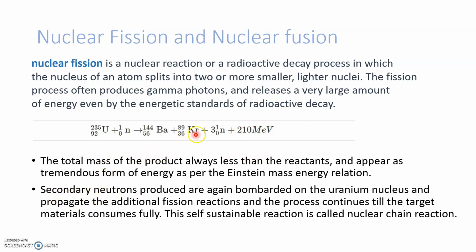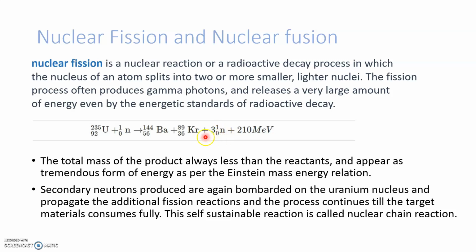And if we look at this reaction, this process is accompanied by 3 more neutrons. So the secondary neutrons produced here again collide with the target material. Here the target material is uranium-235, and it can undergo further nuclear fission to produce barium and krypton, and this process continues. It is a continuous process.